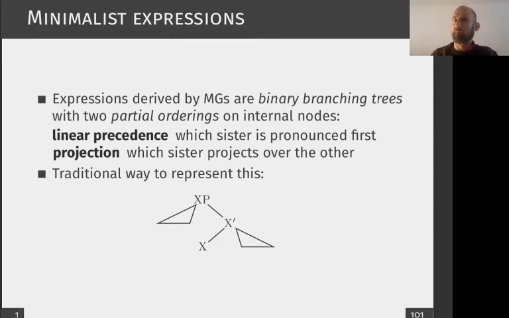What does that mean? That means that if you have two sisters, one of them has the head of the entire phrase and one of them doesn't, okay? The one that has the head of the entire phrase projects over the one that doesn't. The one that doesn't is either a complement or a specifier or an adjunct of the one that does. Okay. This is a relation between sisters which orders the tree.